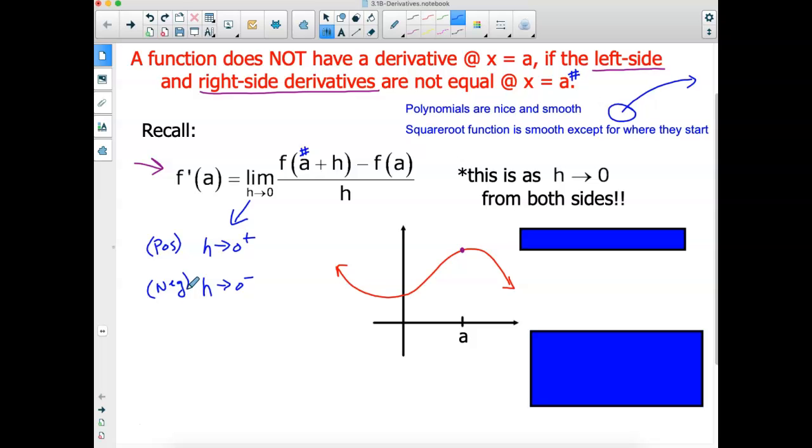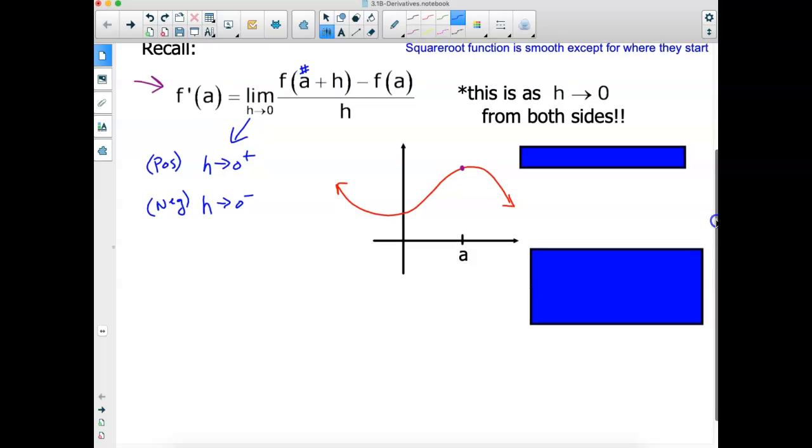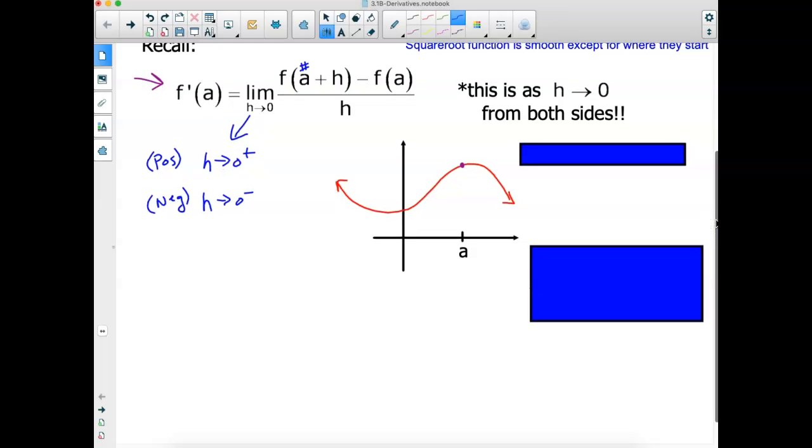What? What the heck? I don't get it. Well, bottom line, when I'm looking at this, if h is approaching from the right, that means I'm at a plus h. And if h is approaching zero from the right, that means h is small but positive, which means it's a little bit more than a, so I'm approaching a from the right side.